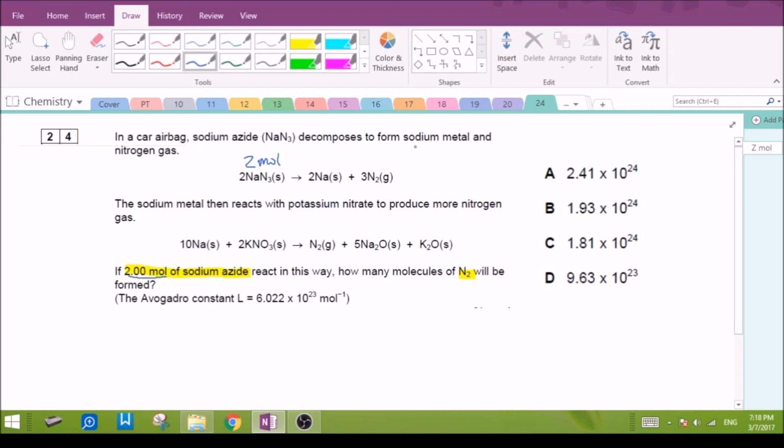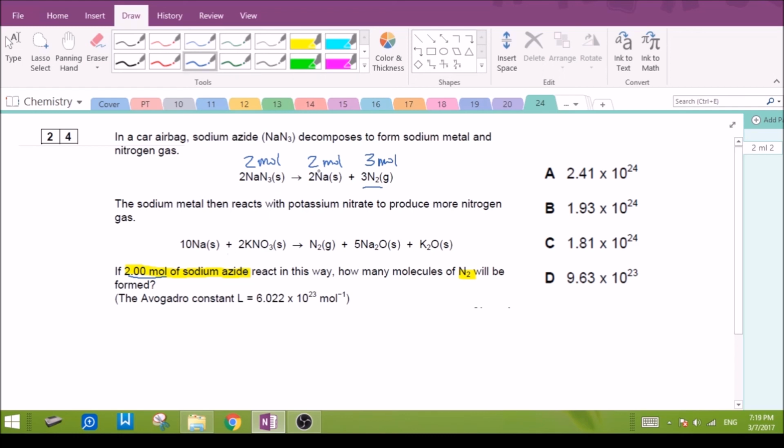From 2 moles of sodium azide, we form 2 moles of sodium and 3 moles of nitrogen. So this is one source of nitrogen from the first equation, and then we know that the sodium here will actually form more nitrogen gases from the second equation.